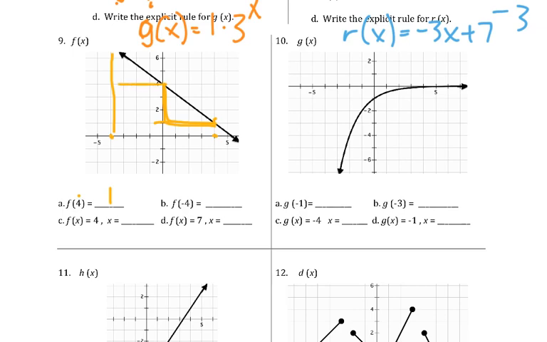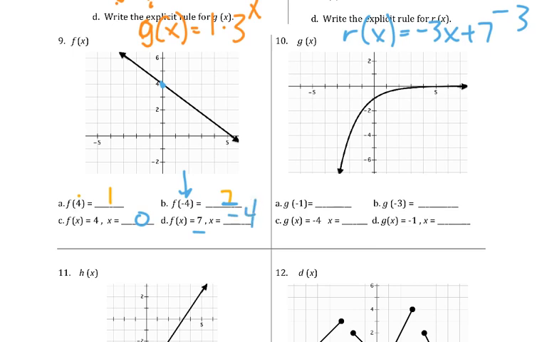So to the left 4, up 1, 2, 3, so it'd be 7. Then the y value, f of x equals 4. So 4, that looks like that's my y-intercept, so x has to be 0. f of x equals 7, we already found what that one is. Its input is negative 4.